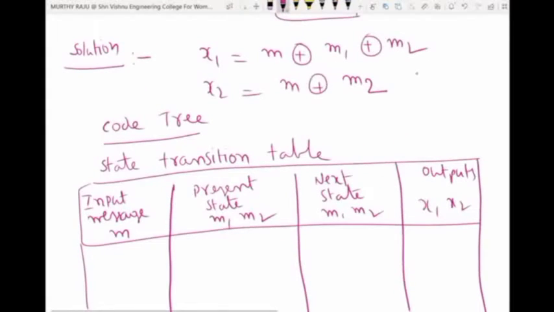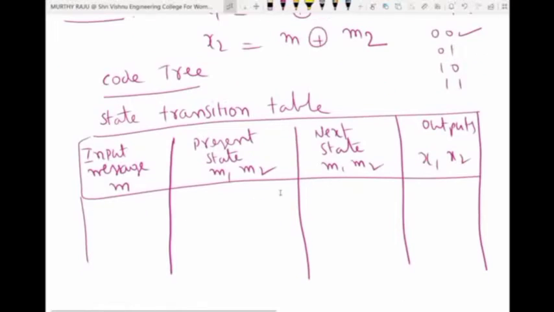Here capital M equal to 2 means 4 possible states: 00, 01, 10, 11. Consider the present state 00. Two possibilities of M are either 0 or 1 with present state 00.